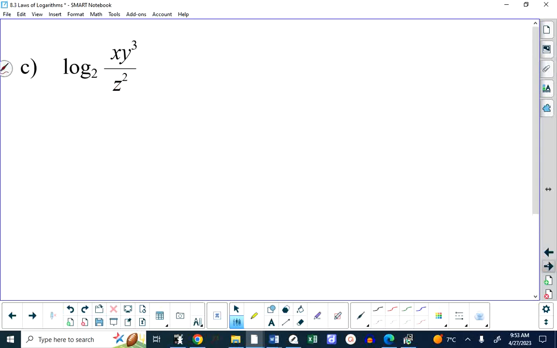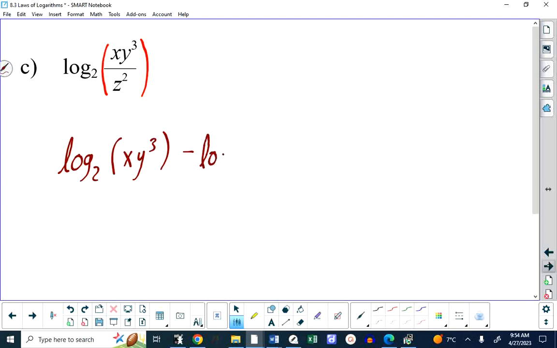Log base 2 of xy cubed over z squared. Again, if you want, it's not entirely necessary, but it might be a good idea later. We can put brackets around that. Well, that will be log base 2 of the numerator minus log base 2 of the denominator of the original argument.